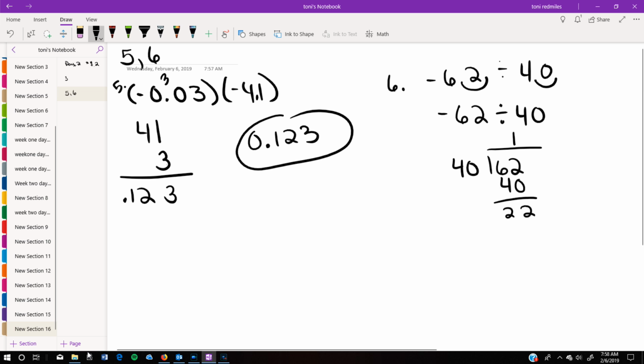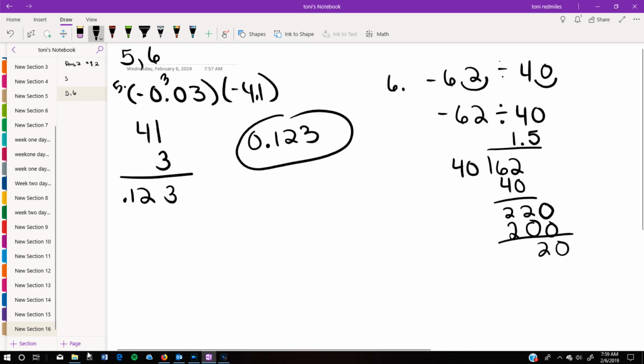All right, 40 cannot go into 22. So if I add a decimal to my number, now I can drop down as many zeros as I like. And 40 does go into this 5 times. So that is going to be, if I multiply them, 5 is going to go into 40 200 times.